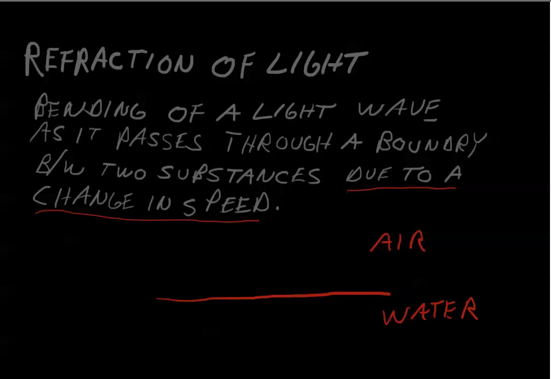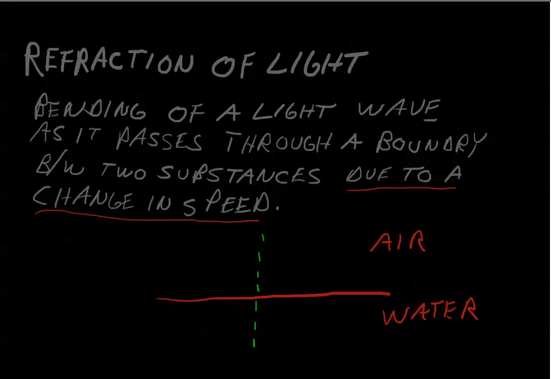And let's see. So we always put a normal in here so we can see what's happening. So let's put the normal in here so we have something to measure or look at. And let's have a wave coming in from the air.